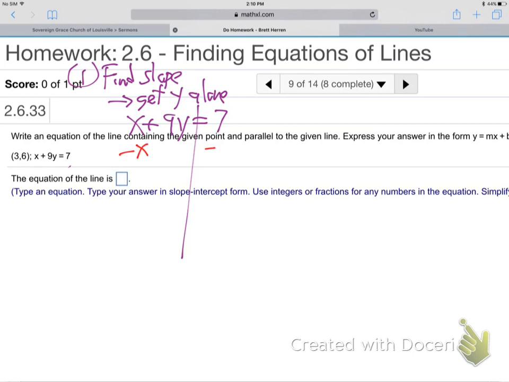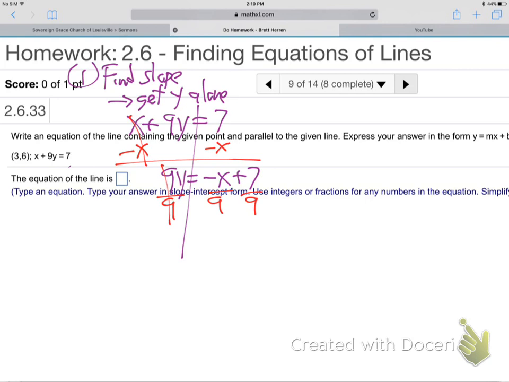So subtract x. So 9y is minus x plus 7. Right? Divide by 9. Boom. What's the slope? -1/9.